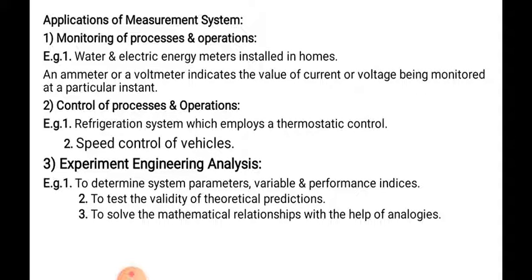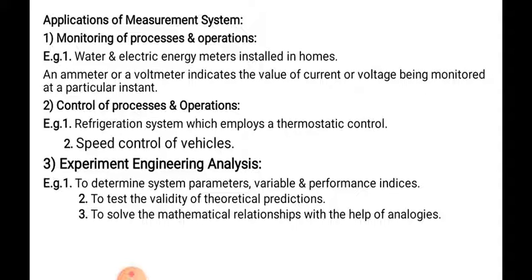Then the next type of application is experimental engineering analysis. In that, we determine system parameters and variable performance indices, test the validity of theoretical predictions, and solve mathematical relationships with the help of analogs.